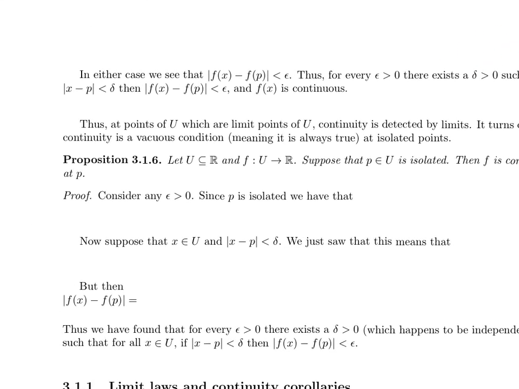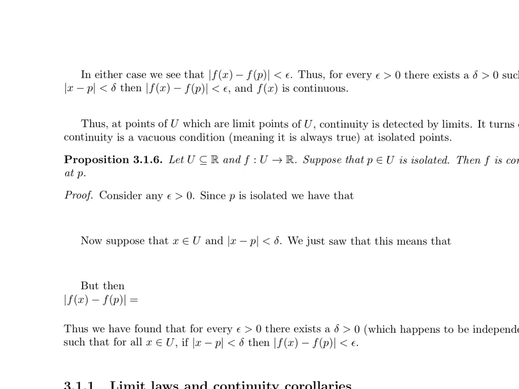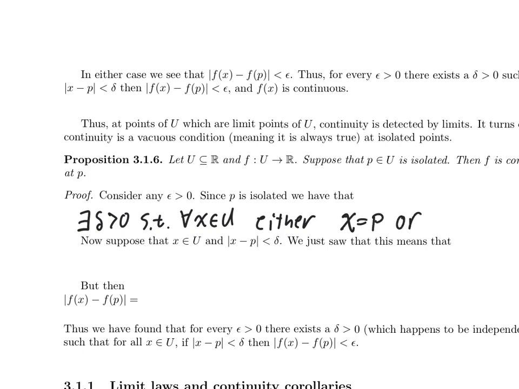Since p is isolated, we have that there exists a choice of delta bigger than 0, such that for all x in U, either x is equal to p, or the absolute value of x minus p is bigger than or equal to delta.